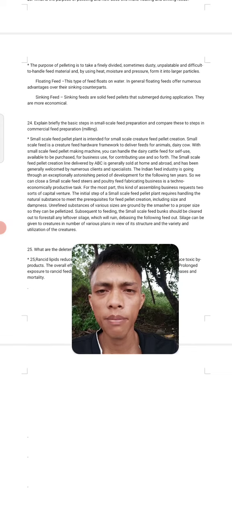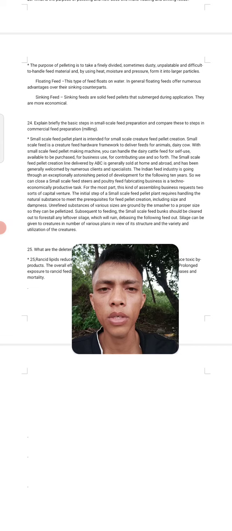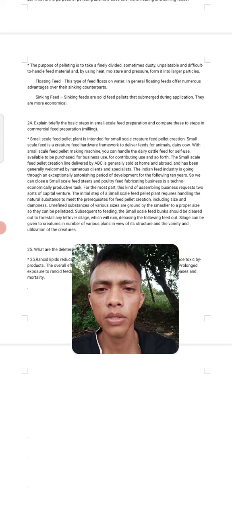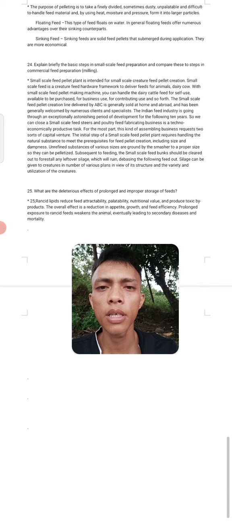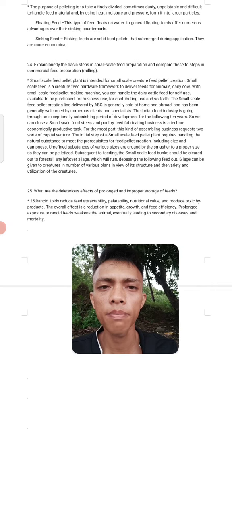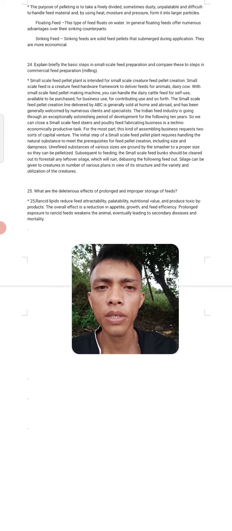Explain briefly the basic steps in small-scale feed preparation and compare these to the steps in commercial feed preparation, milling. A small-scale pellet plant is intended for small-scale feed pellet creation. Small-scale feed is created using feed hardware to produce feeds for animals, such as dairy cows.